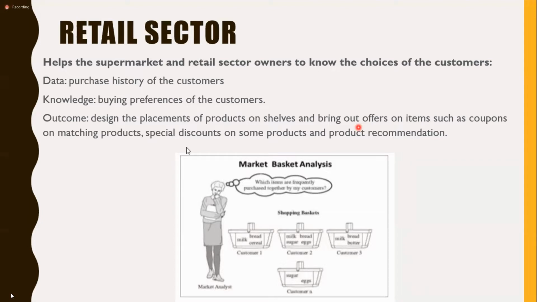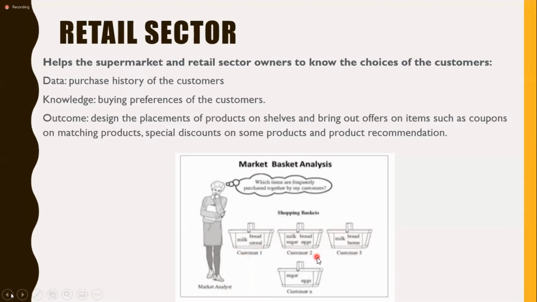This knowledge. You can see here, the market analyst is thinking, which items are frequently purchased together by my customers? So how can she analyze this? How can she do this market basket analysis? By looking at the shopping baskets of the customers. So this is the data. Customer 1 bought milk, bread, cereal.